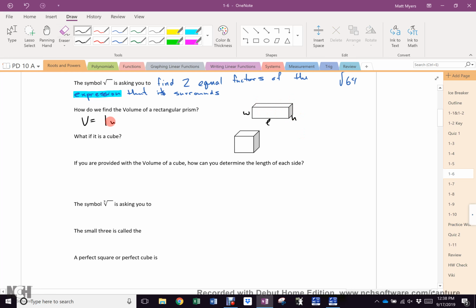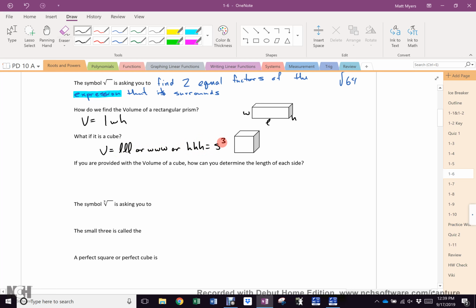So it is LWH. Now, what if it is that very special prism that is a cube? Volume equals LLL or WWW or HHH. And we shorten that because they're all the same. We give it one letter. S cubed.